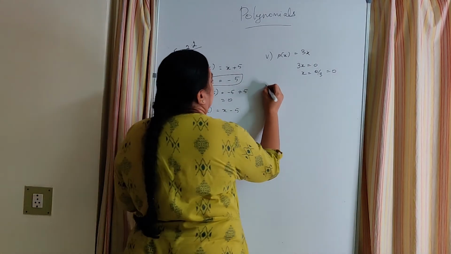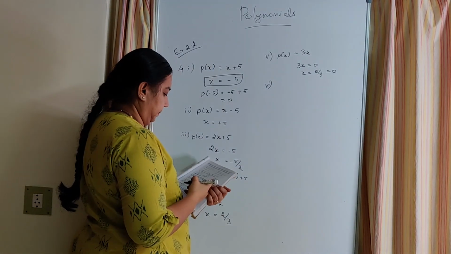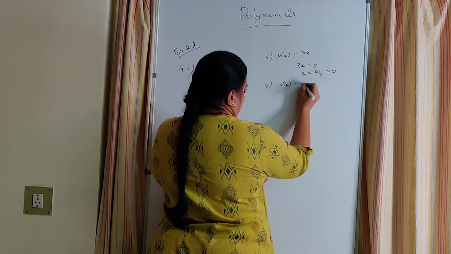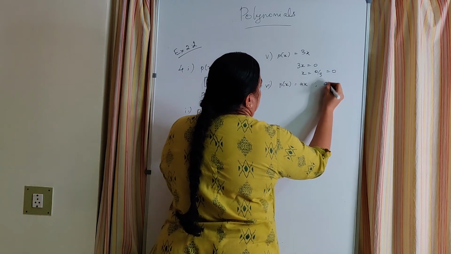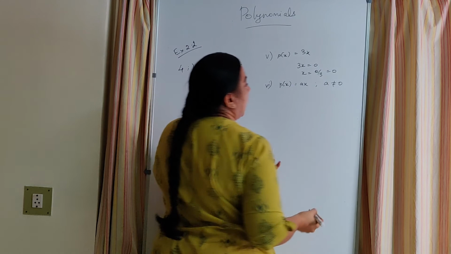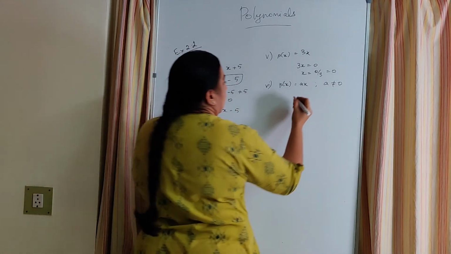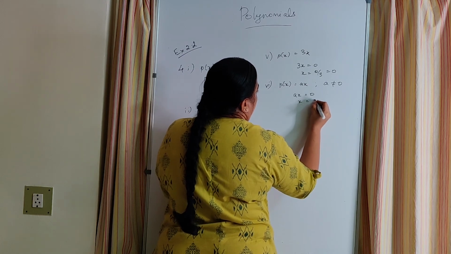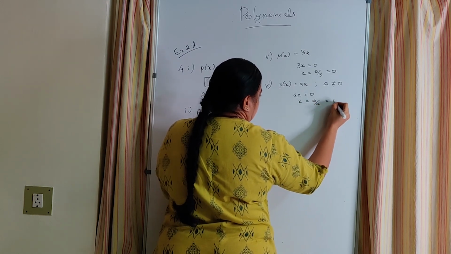Then the sixth sum, p of x is equal to ax, and a is also again a variable, so the only condition they give is a should not be equal to 0. So ax is equal to 0, x is equal to 0 by a, and so it is 0.